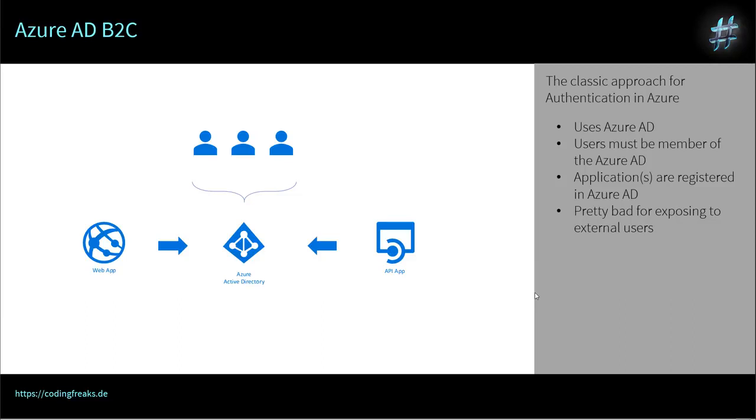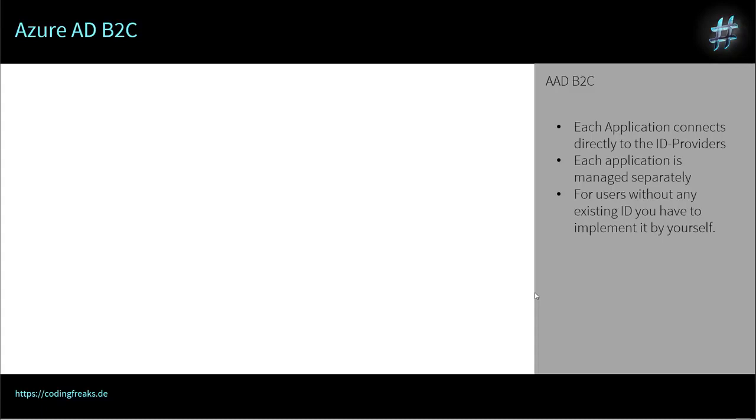Let's look at this. In a lot of scenarios this approach isn't sufficient, because you have some users in an Azure Active Directory, but regularly you end up in scenarios where suddenly you need to authenticate users coming from outside the directory.